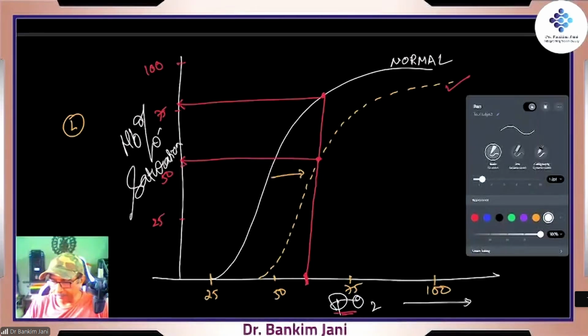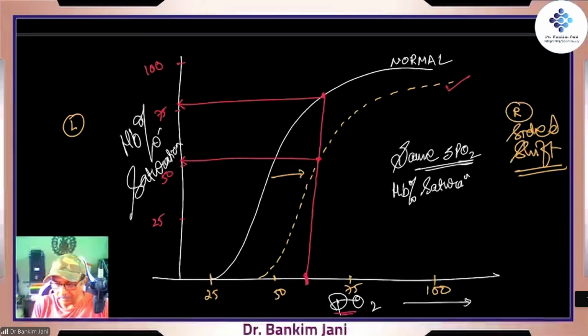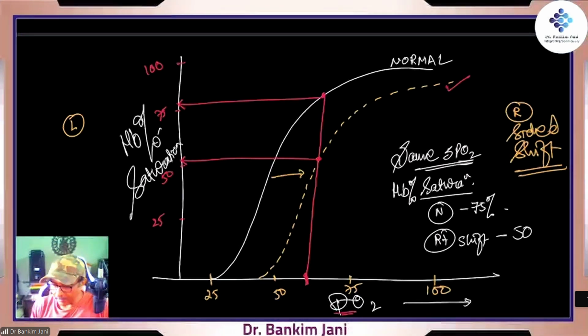At the same oxygen pressure, the hemoglobin saturation in the normal case is 75%. But our new patient, whose oxygen curve is shifted to the right side, has a hemoglobin saturation of just 50%.